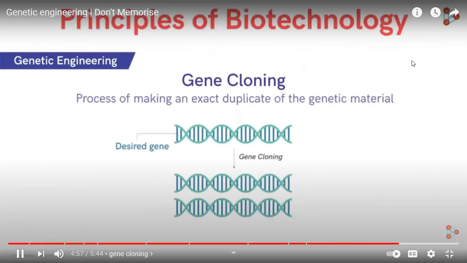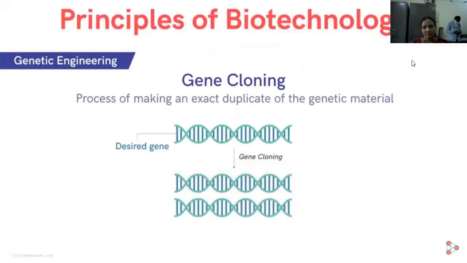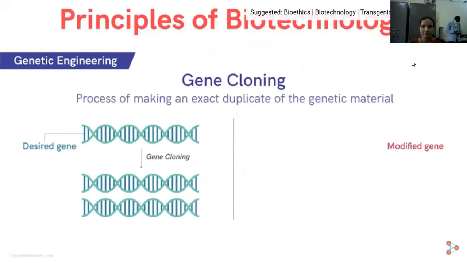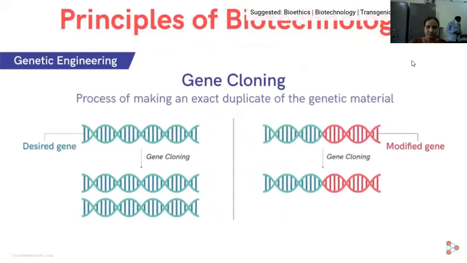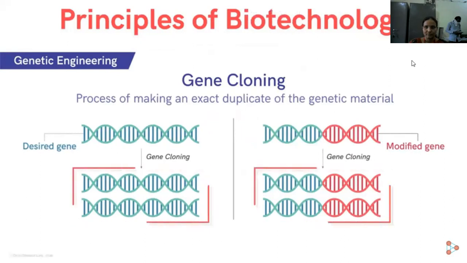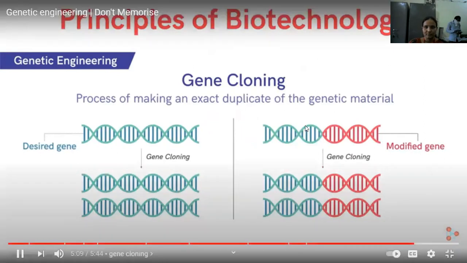A few genes which code for certain extremely important proteins, or even newly modified genes, can be copied several times. This process of making exact copies of genes is called gene cloning. And just as in this case, clones or copies of genes serve many important applications.